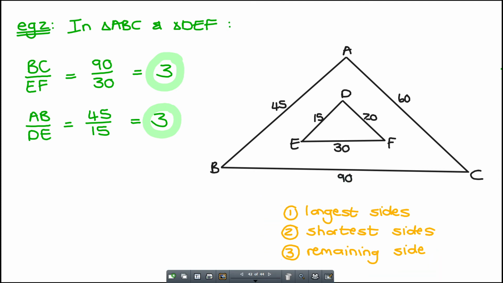Now, we've used the longer side and the shorter side, so there's one remaining side in each triangle. For the big triangle, it was AC. For the small triangle, it was DF. Let's substitute. AC was 60.